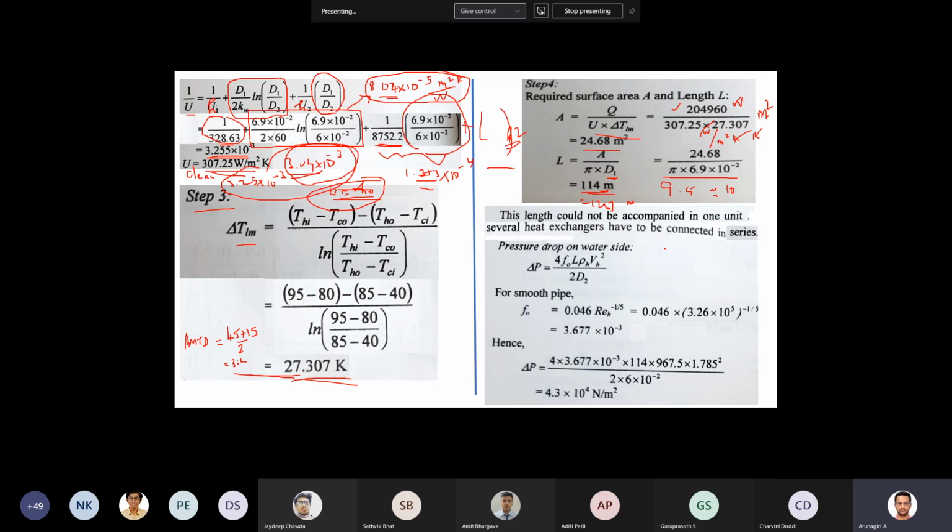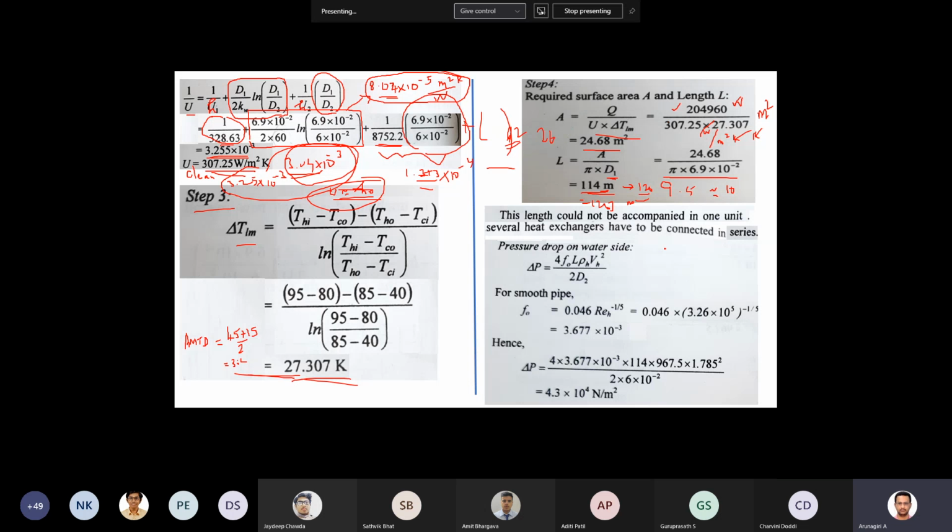Now if you calculate the area, 3.14 times 6.9, converting in terms of meter into length, you take 120 meters. You will get 25.99, approximately 26 meters squared, if you convert this L, the length of the tube, from 114 meters to 120 meters. You are providing additional area.